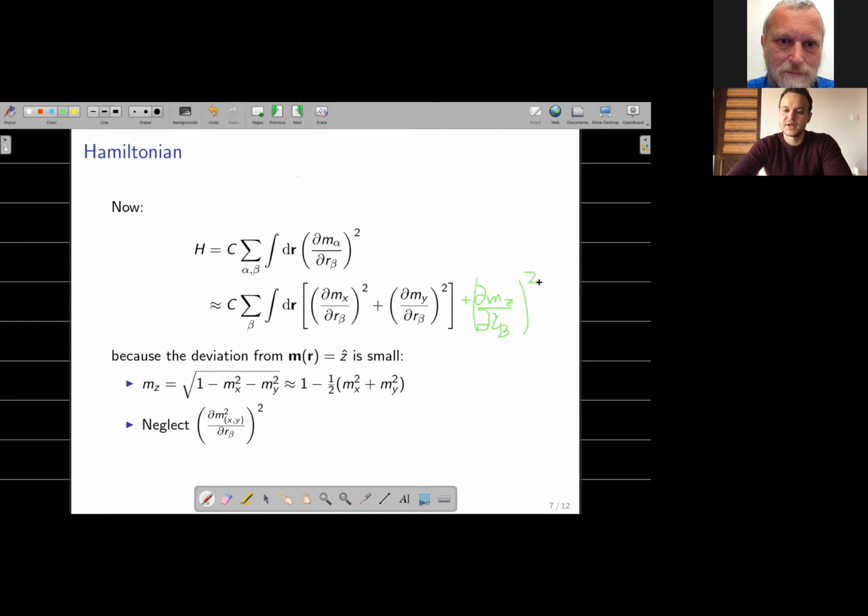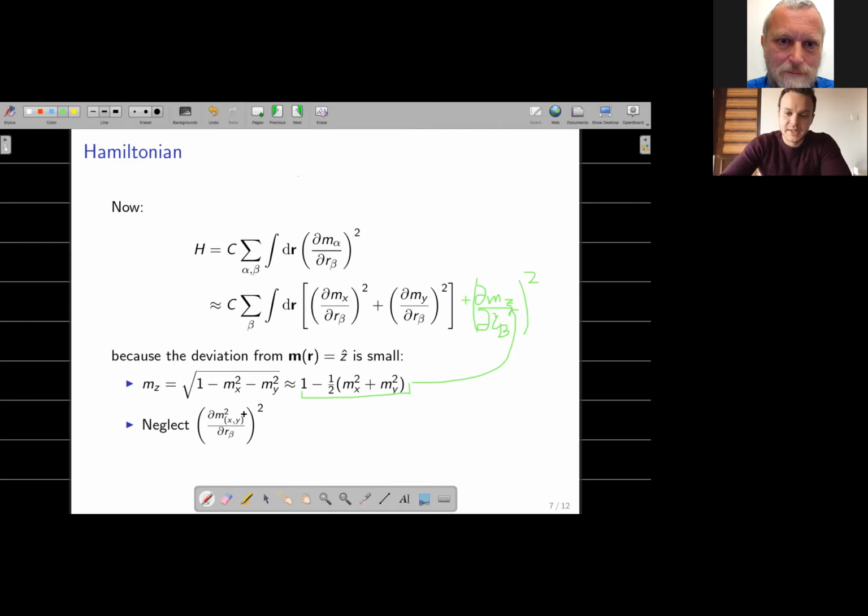What we have done from the first line to the second line is that we have neglected those, because we can again express mz to first order in the following manner. So we can replace this in mz and then take the derivative with respect to r beta and square it.